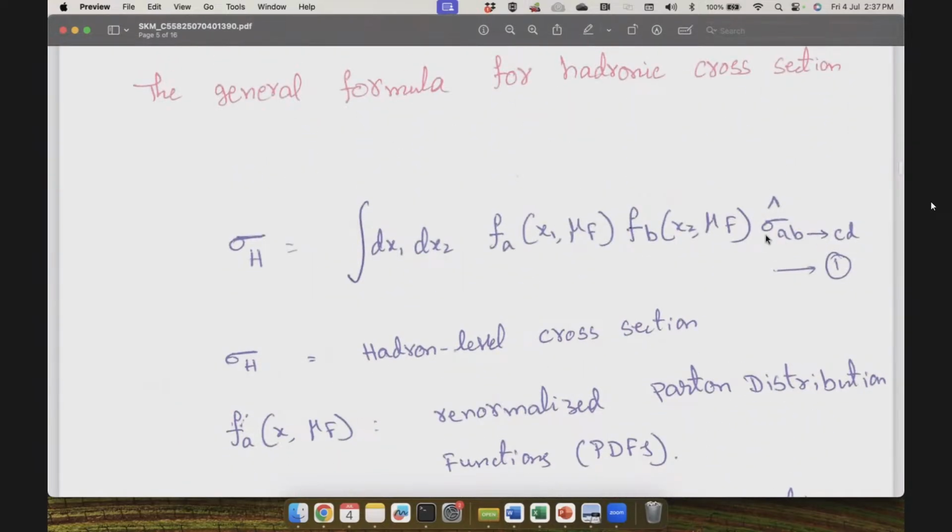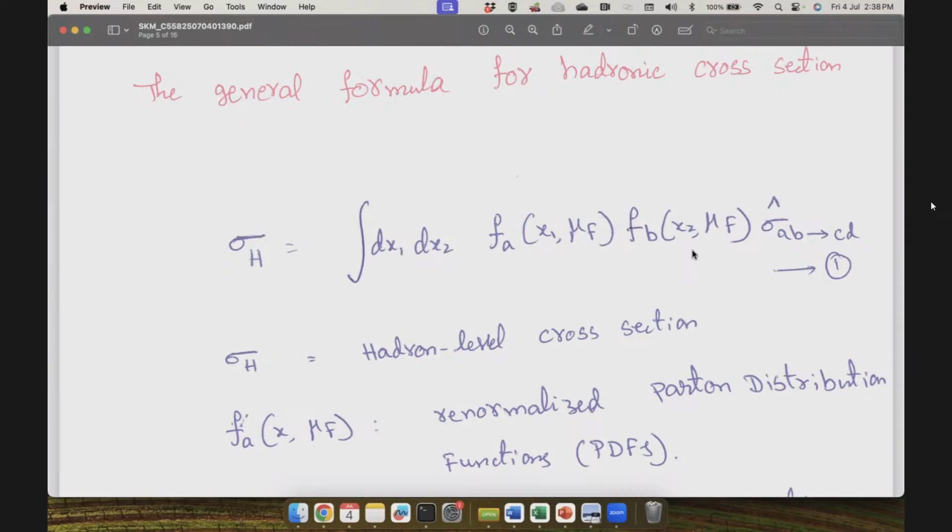Once you compute at the parton level, how do you go to the hadron level cross section? That is by convoluting the parton distribution functions. Meaning, what is the probability of finding a parton A inside the first hadron, that is carrying a fraction x1, and similarly what is the probability of finding the parton B that is carrying a fraction x2 inside the hadron 2.